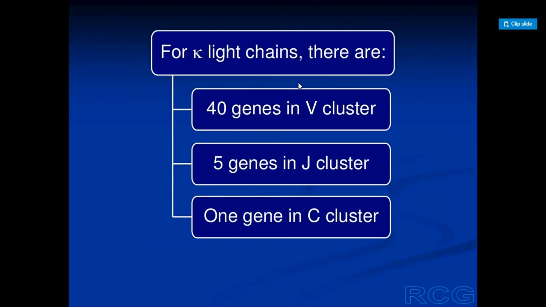For the kappa light chain, there are 40 genes in the V cluster, 5 genes in the J cluster, and 1 gene in the C cluster. For the lambda light chain, there are 30 genes in the V cluster, 4 genes in the J cluster, and 4 genes in the C cluster.